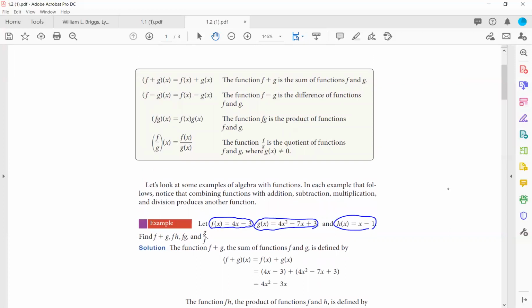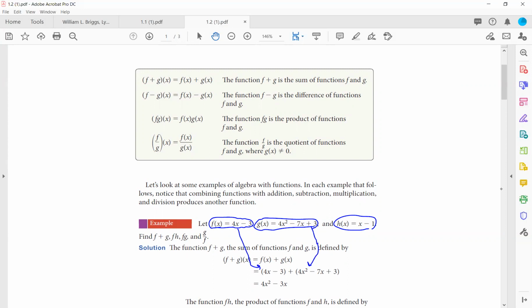To add two functions, we take the definitions of those functions and add them together. So f of x plus g of x. f of x is 4x minus 3. g of x is 4x squared minus 7x plus 3. We have to simplify this sum.